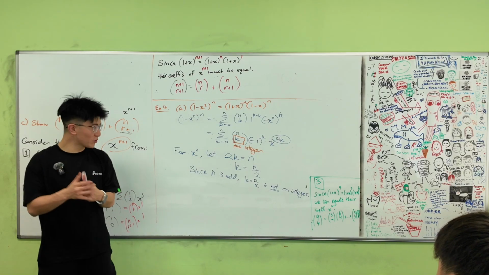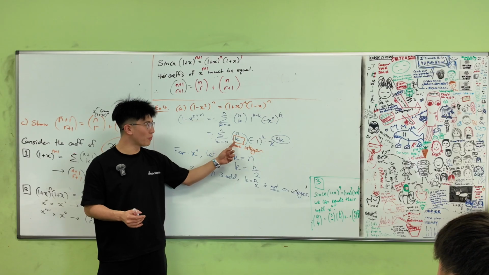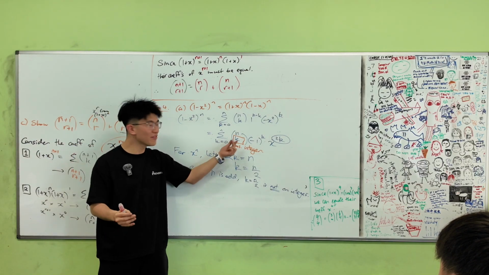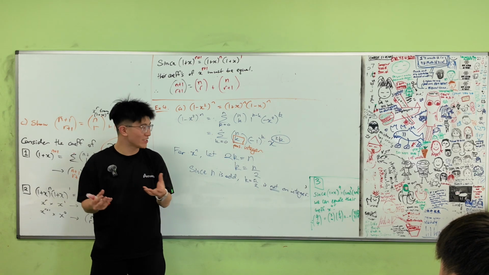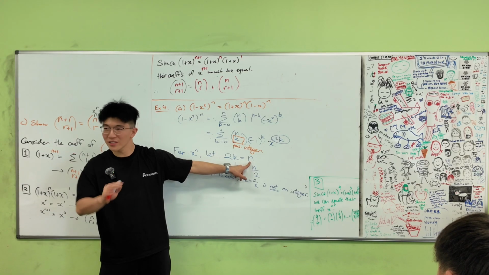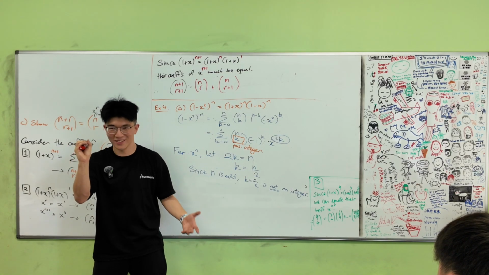If there is no possible value of k, because this is what k is, it's all the possible terms you can get. Like every value of k represents a term. If there isn't a value of k that actually is valid, then there must not be a term in this expansion that results in power n. Does that make sense? So if there isn't a term there, then that term is just 0. It doesn't exist.